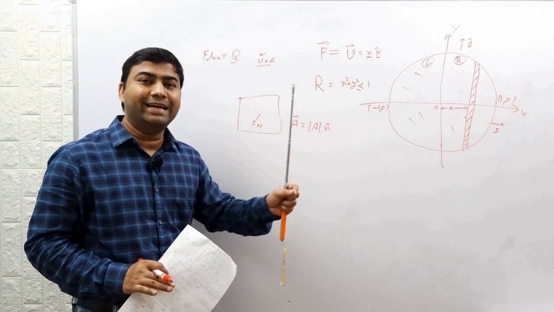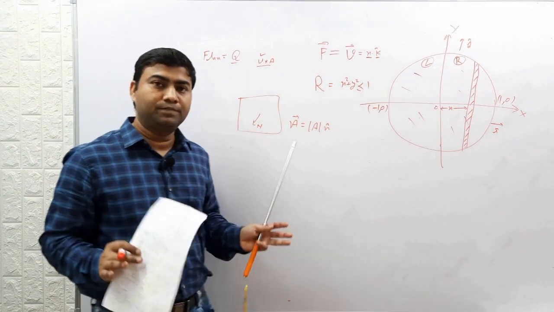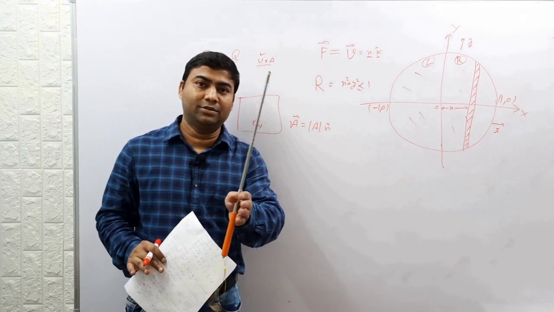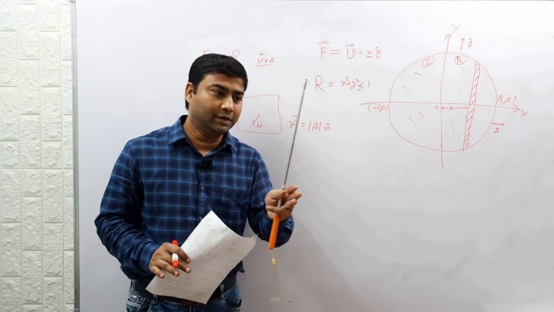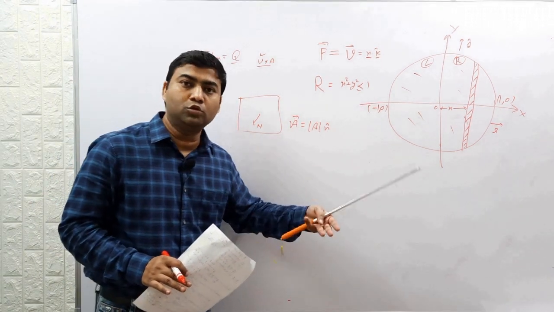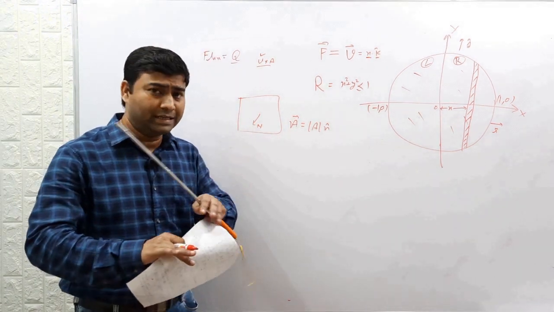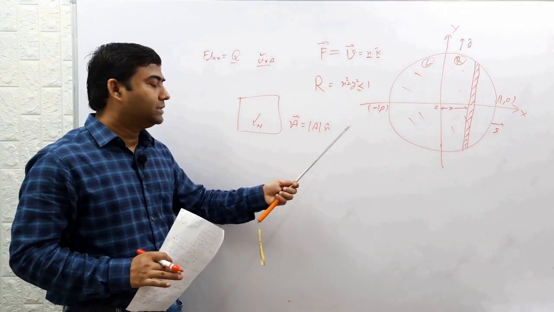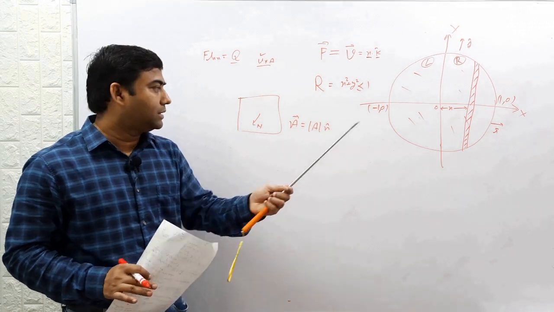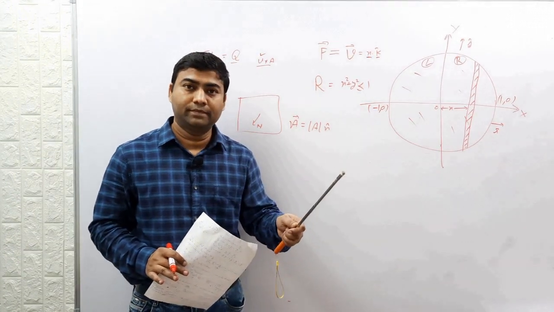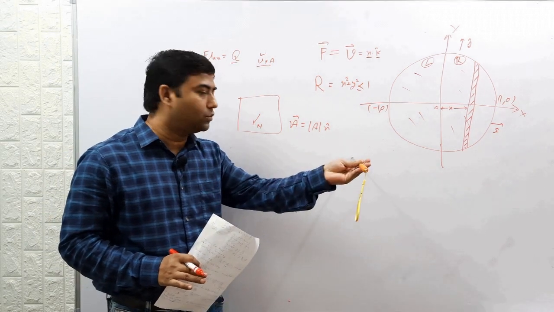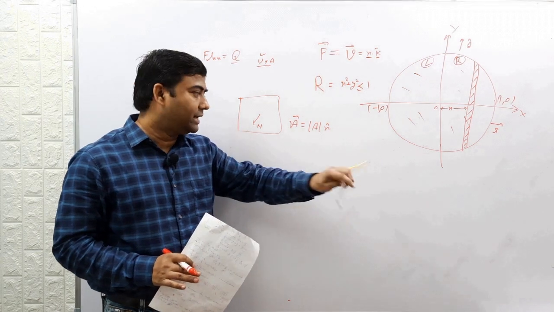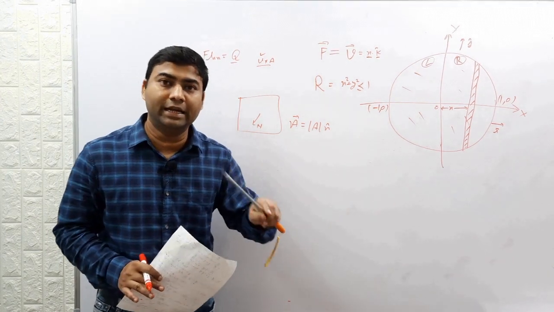Once you choose any direction as positive, the opposite direction has to be negative. That is your freedom. Suppose for this area, I choose the above-the-board direction as positive. Then I have to choose the below-the-board direction as negative. Or if I choose the below-the-board direction positive, then I have to choose the above-the-board direction negative.